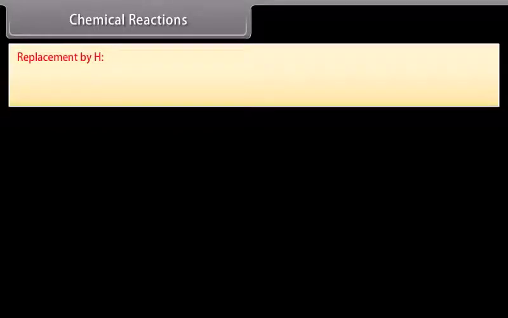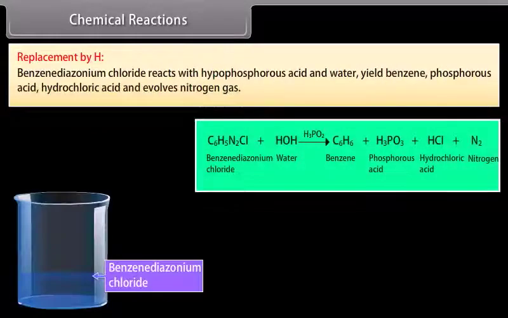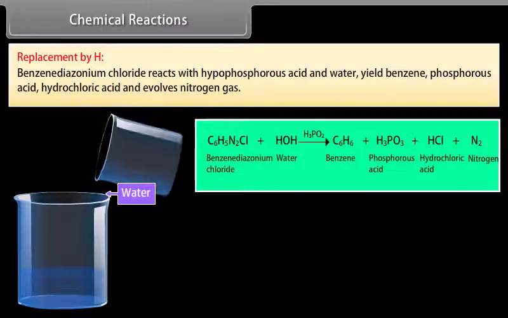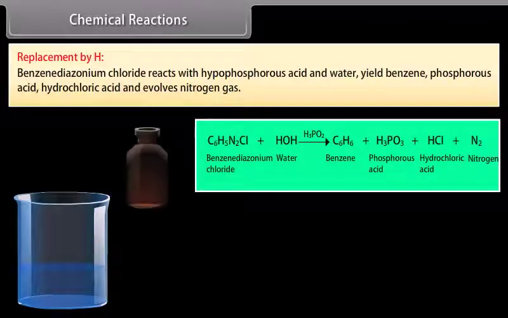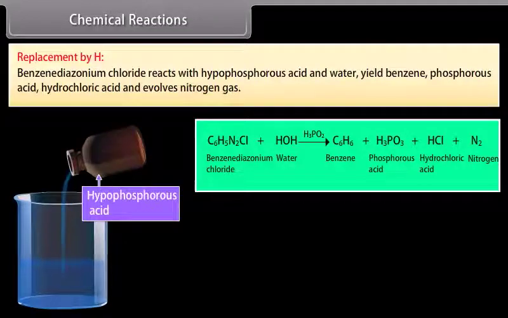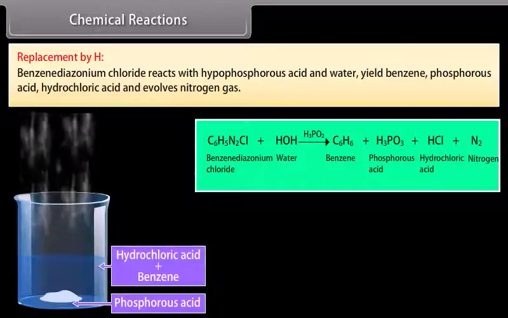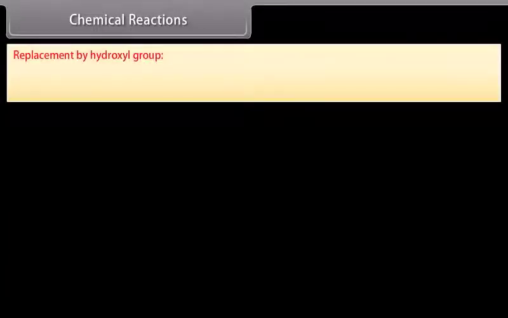Replacement by fluoride ion. Benzene diazonium chloride reacts with fluoroboric acid and yields benzene diazonium tetrafluoroborate, then on heating it produces fluorobenzene, boron trifluoride and nitrogen gas. Replacement by H. Benzene diazonium chloride reacts with hypophosphorous acid and water, yielding benzene, phosphorous acid, hydrochloric acid and nitrogen gas. Replacement by hydroxyl group.